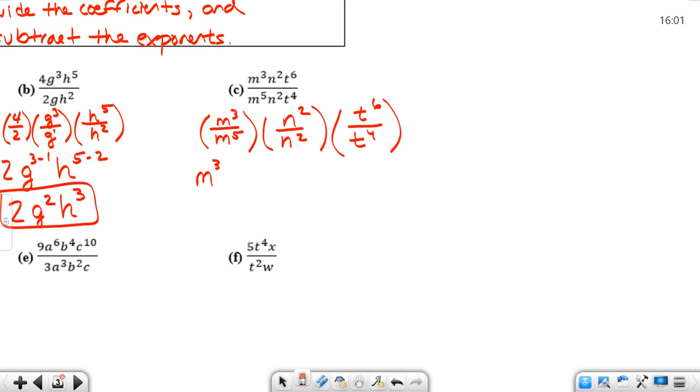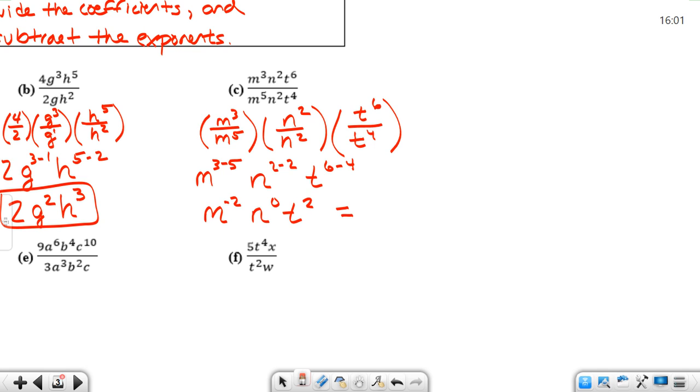So this is going to be m to the 3 minus 5, n to the 2 minus 2, and t to the 6 minus 4. So if I simplify this down, I get m to the negative second, n to the 0, t squared.